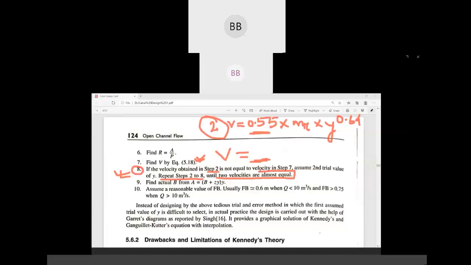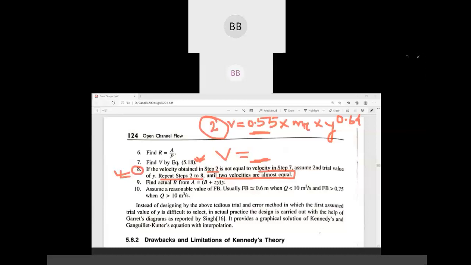Before we proceed, I really want to tell you that this type of numerical problem we don't do manually. But it is in your syllabus, so you should know the steps. Definitely, manually it's not possible.